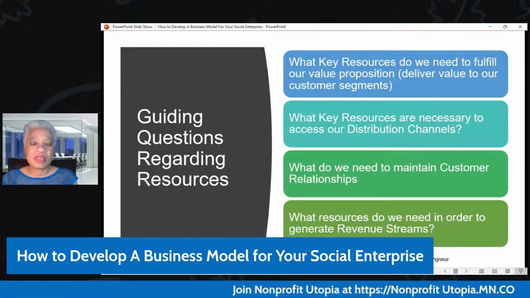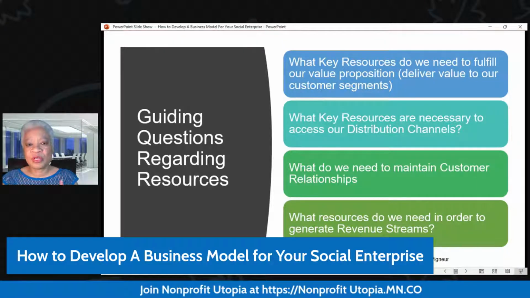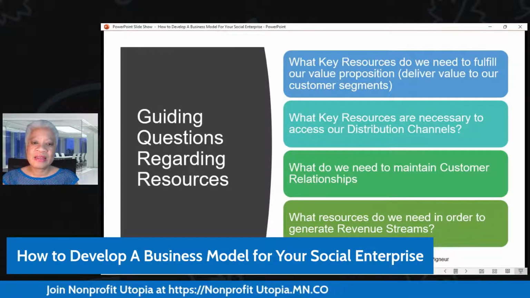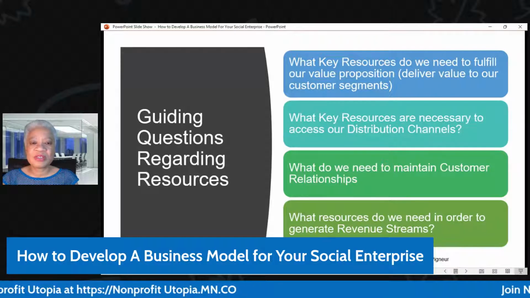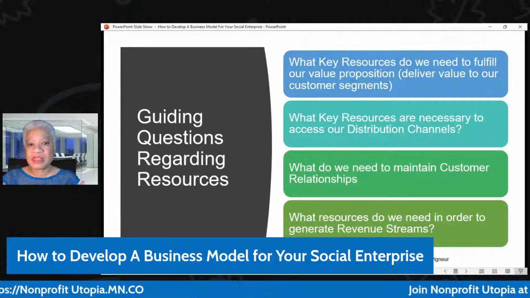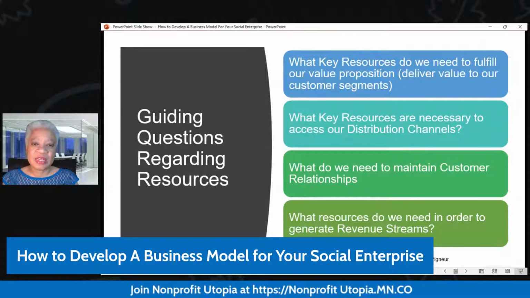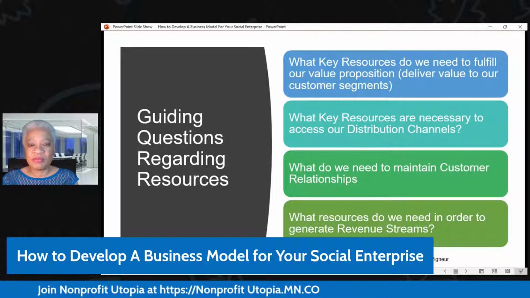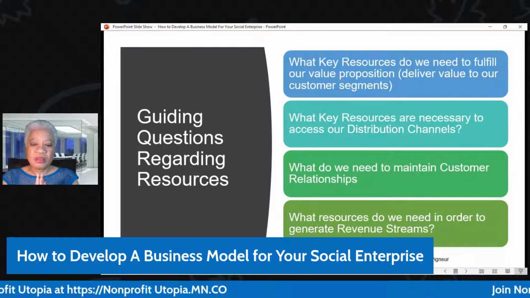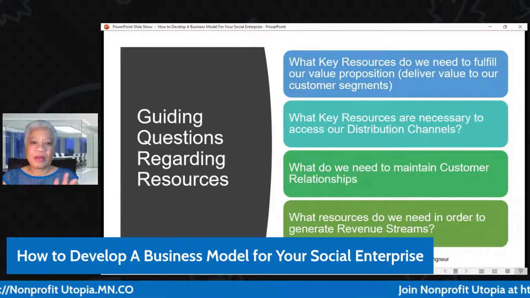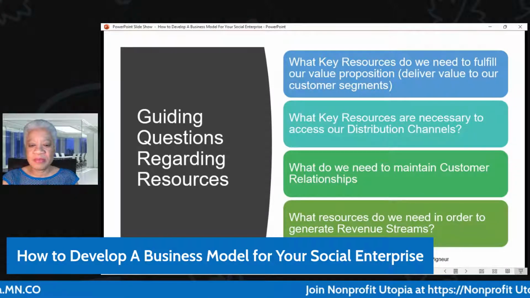So again, you want to think about the resources that you're going to need in order to court your clients, and then the resources you're going to need to encourage them to buy, and then the resources you're going to need to maintain a long standing relationship, brand loyalty, if you would. So finally, what resources do you need to make money?